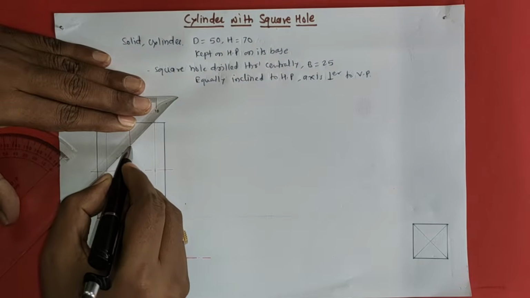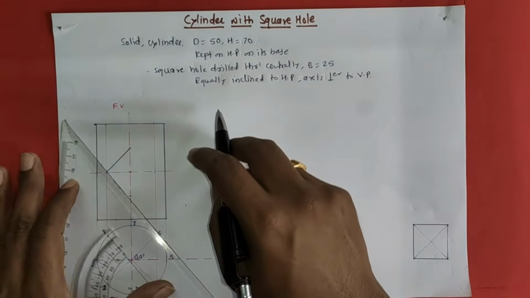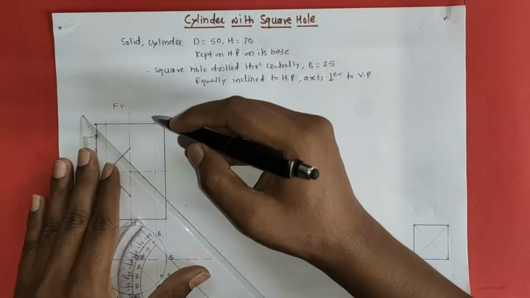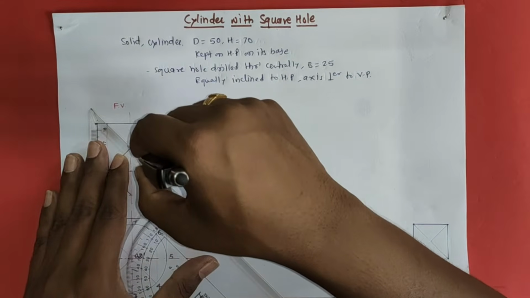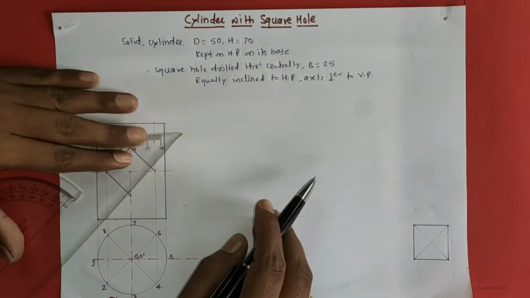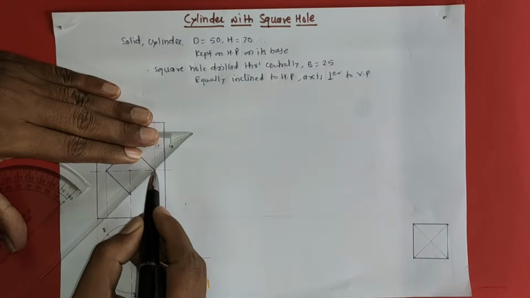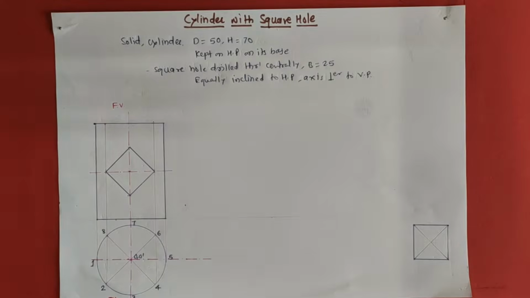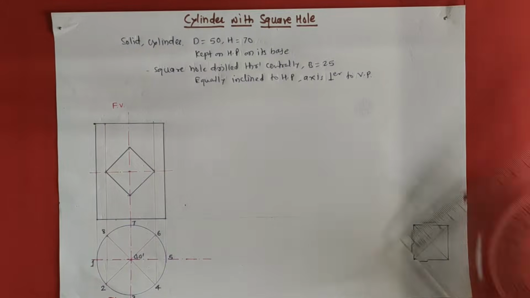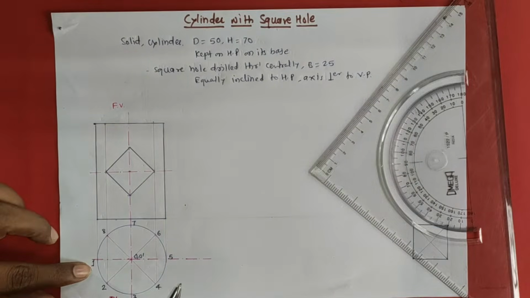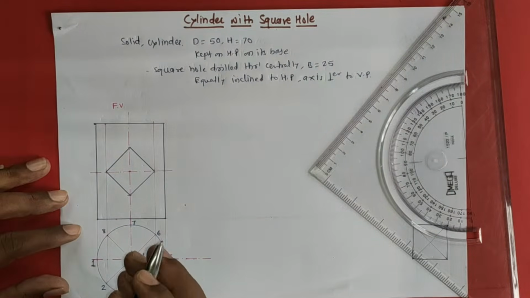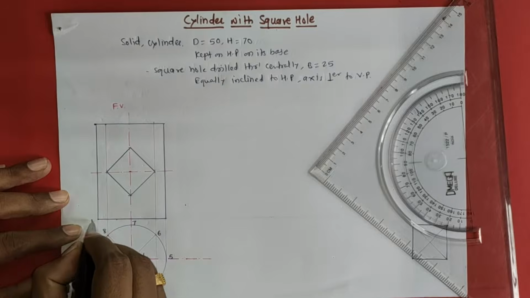Okay, next I will join the square. Now, okay, this completes our front view. Now mark the points on generators in the top view.